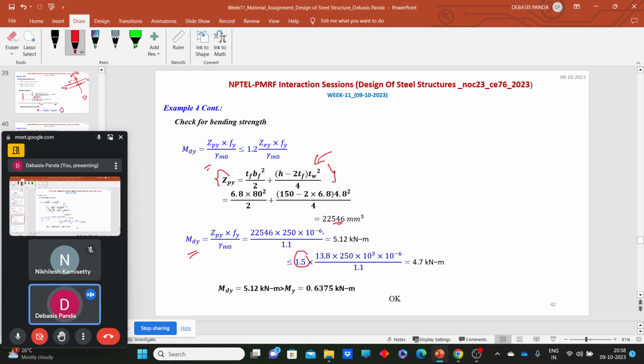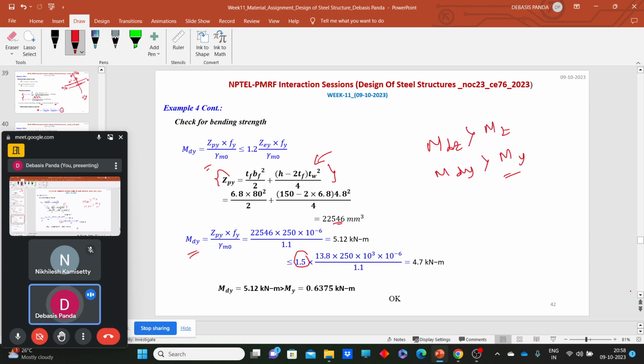You can also go for the 1.2 check. So from these slides we can say that your Md_z is more than M_z, and your Md_y is more than M_y. That means the section is safe against bending strength.